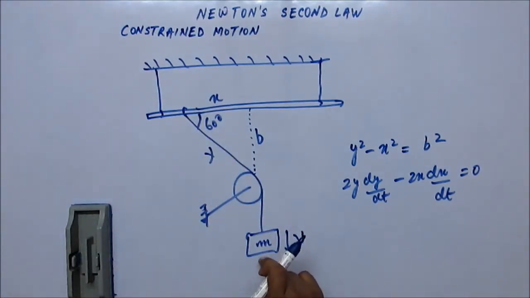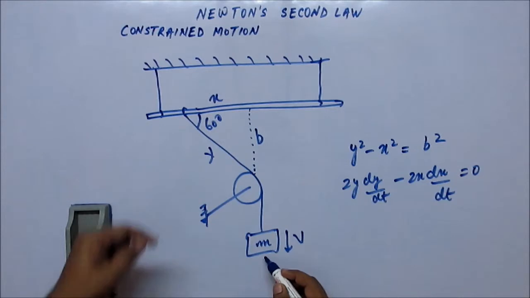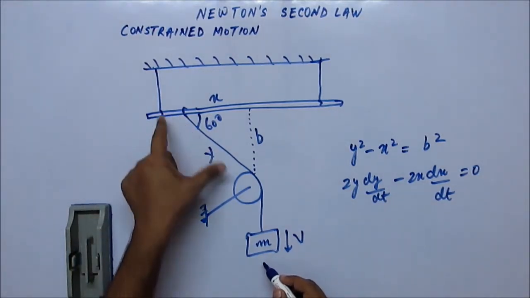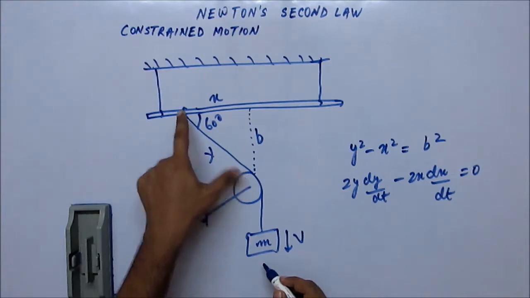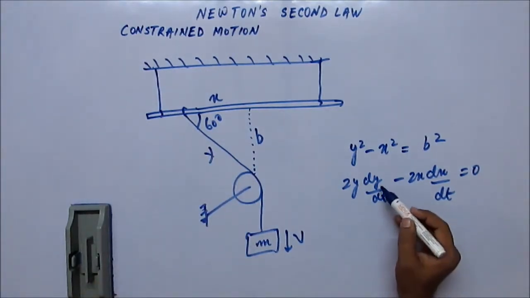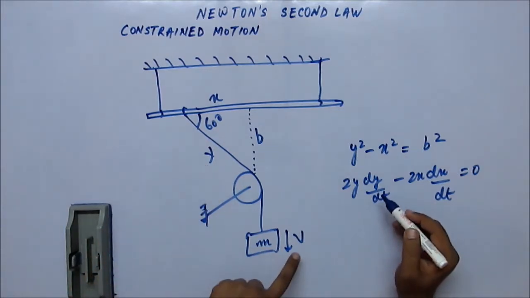If the string increases by dy in this direction, then by the same amount dy the string has to reduce in this direction, because the length of the string is constant. So dy by dt is actually v.